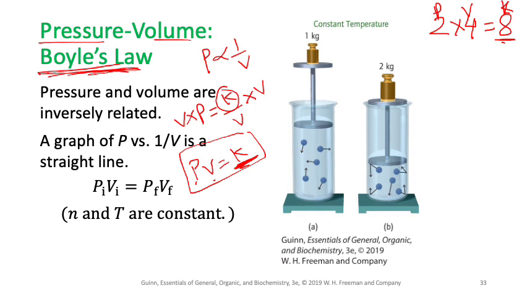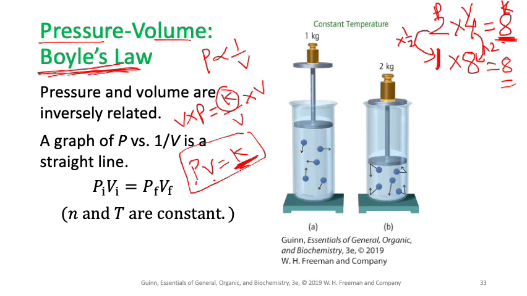So if I decrease the pressure, let's say to 1, what should the volume be so that this number won't change? The volume should be 8, so that the number is still 8, right? PV, pressure times volume. So what has happened here is if you decrease the pressure by 2 times, you're increasing the volume by 2 times, so that you get the constant number every time, right?